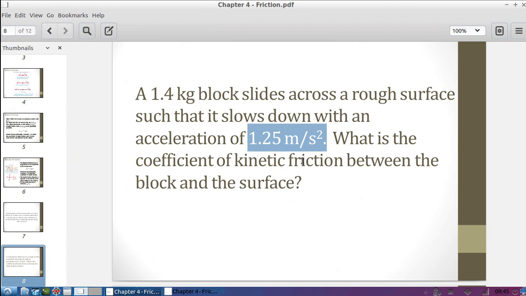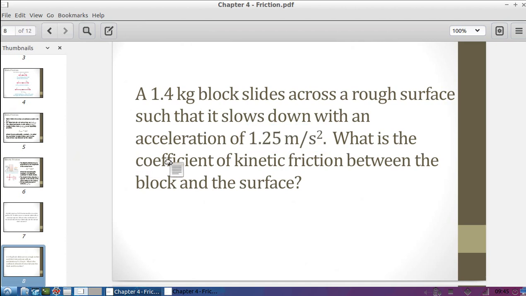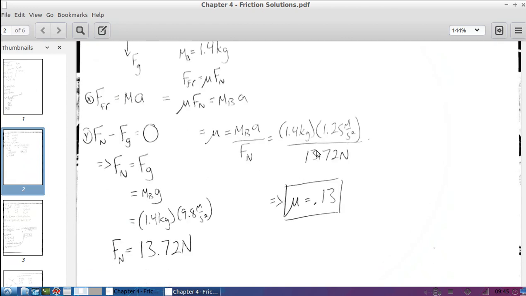But I'm not being asked for the frictional force, I'm asked for the coefficient of kinetic friction. So the frictional force is mu times the normal force. I'm going to take Newton's second law in the x direction and substitute mu times the normal force in for the friction. I get mu times the normal is the mass of the crate times the acceleration.